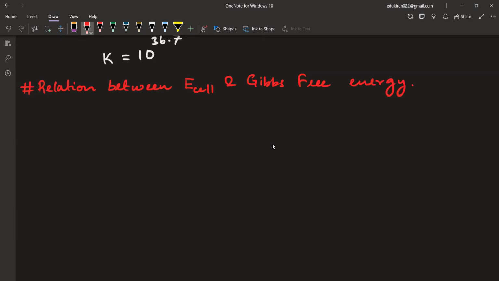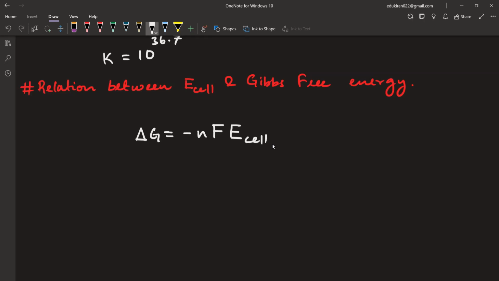Okay. So see, delta G, that is your Gibbs free energy, it is equal to the negative of the number of electrons that you are having into Faraday's constant into whatever volt of potential you are getting, E cell. This is what this is, delta G.